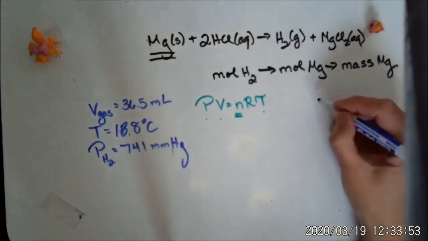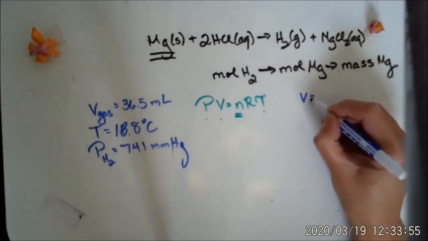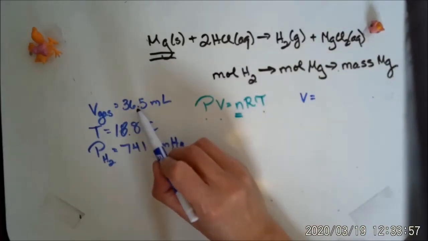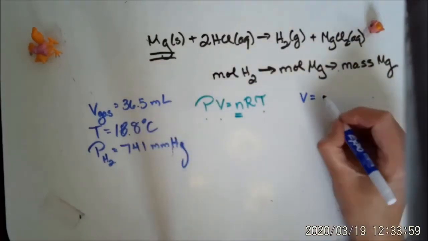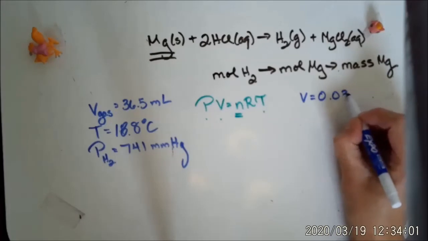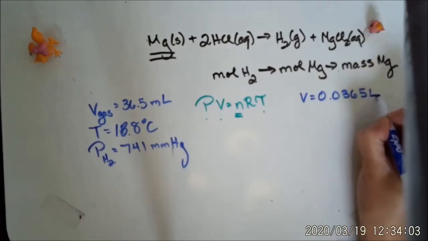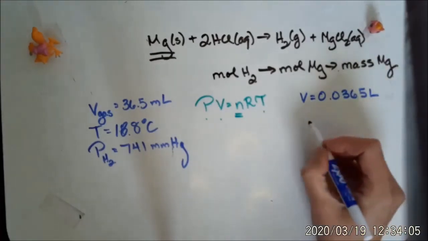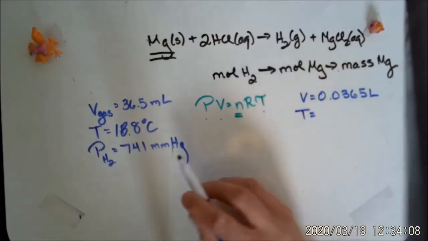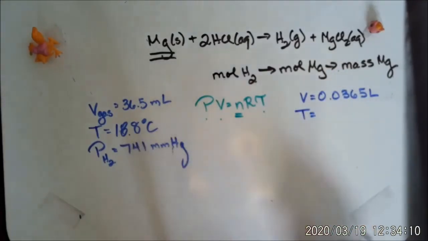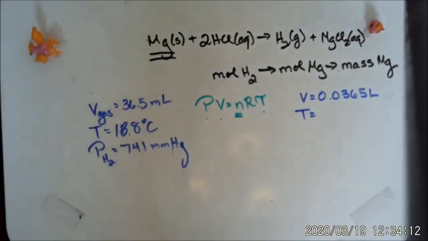The volume, divide by 1,000 to get liters, is equal to 0.0365 liters. Temperature, you're going to add 273.15 to this.